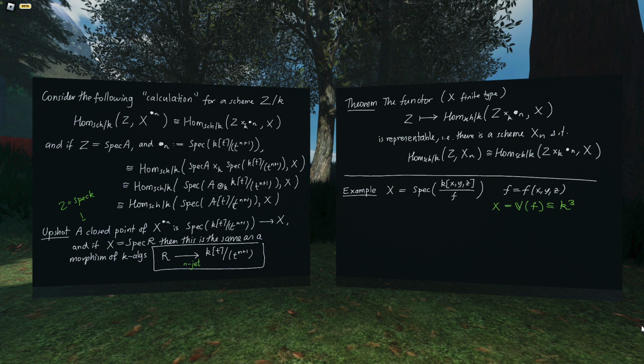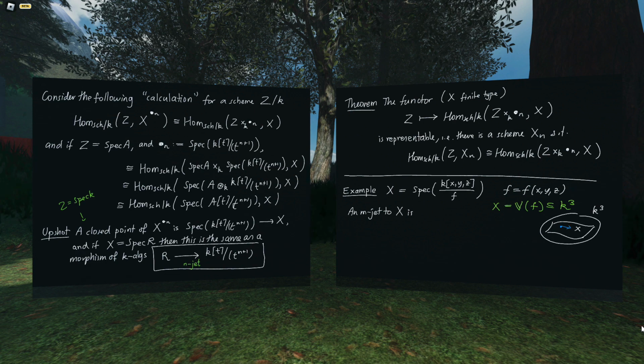So what is a 2-jet, or just an m-jet? You're imagining this surface sitting inside k cubed. We know a 0-jet is just a point of X. A 1-jet is a tangent vector.